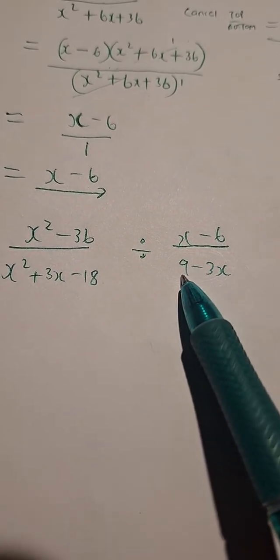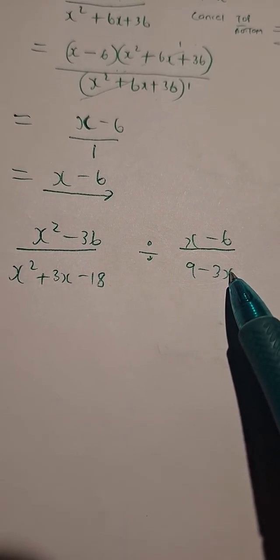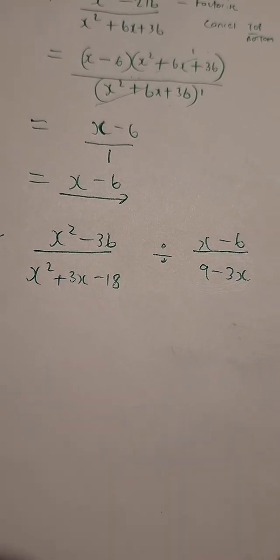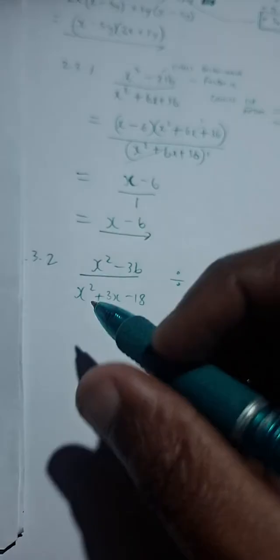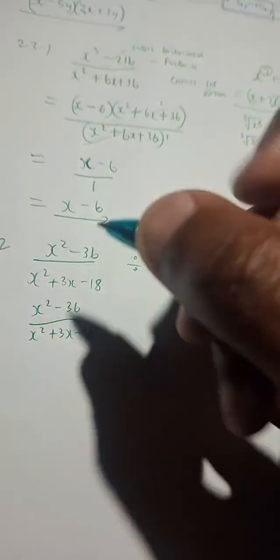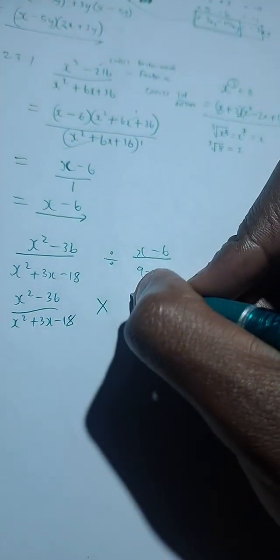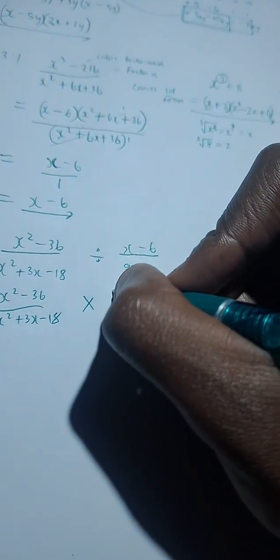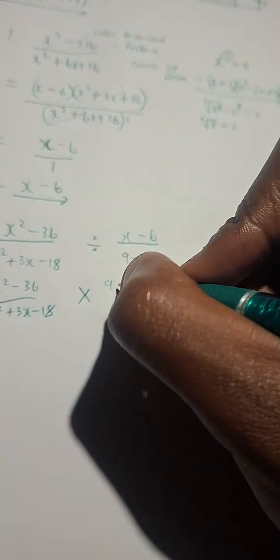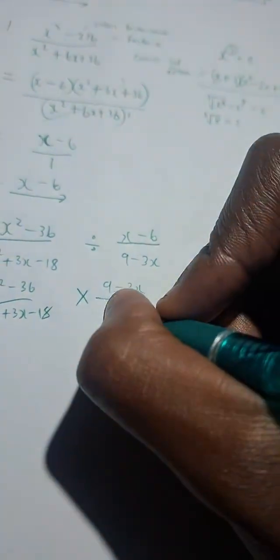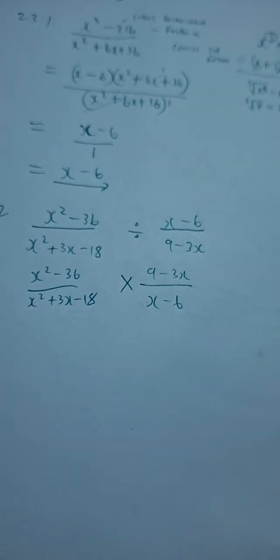The constant term comes before the variable. You know what I mean? So let's proceed first and say x squared minus 36 over x squared plus 3x minus 18 times 9 minus 3x at the top with x minus 6 at the bottom.